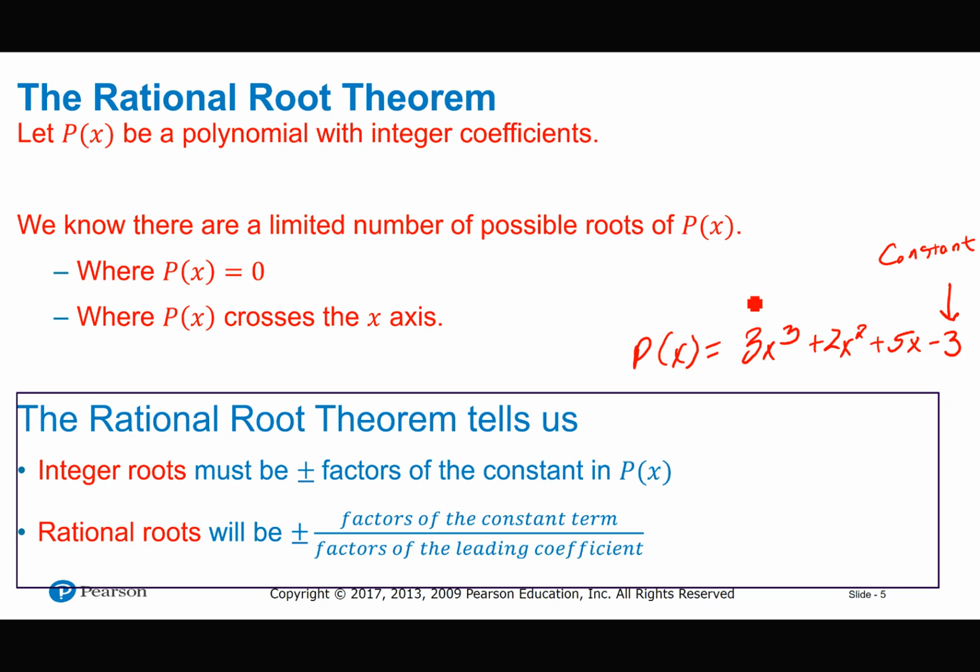Okay, it's this 3. This is the leading coefficient. So I'm creating a fraction by factors of my constant divided by factors of my leading coefficient. So we're going to get a big list going on. And just that list isn't the final answer. There's stuff we have to do with that list.